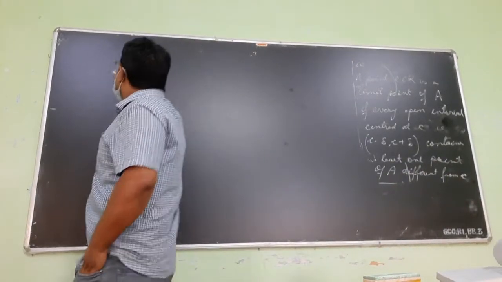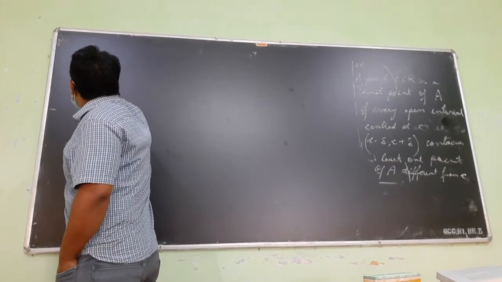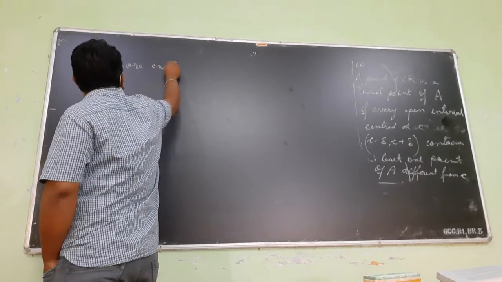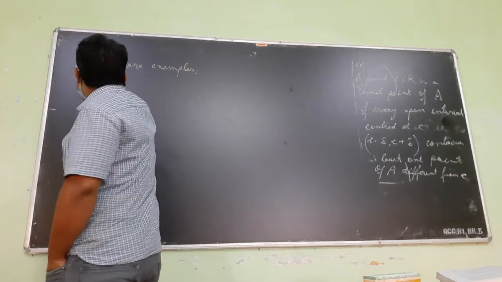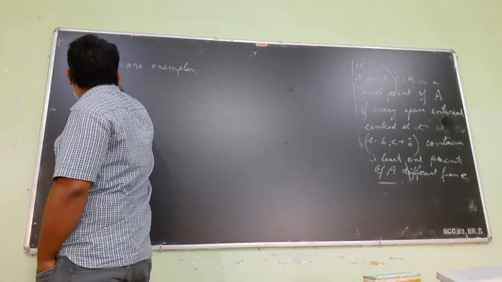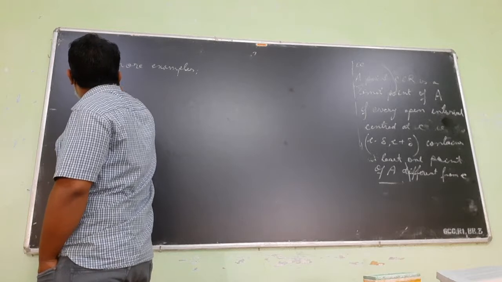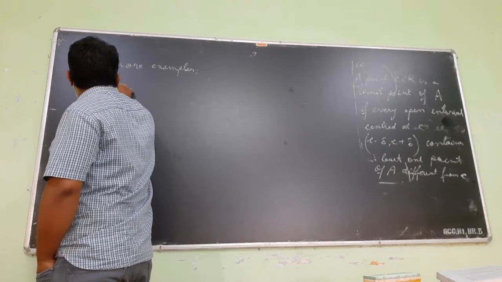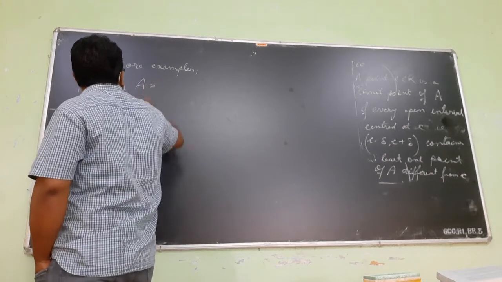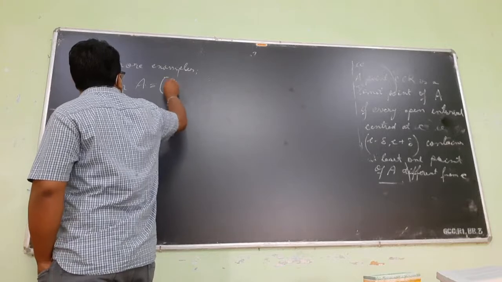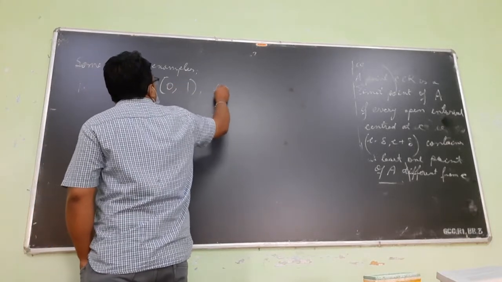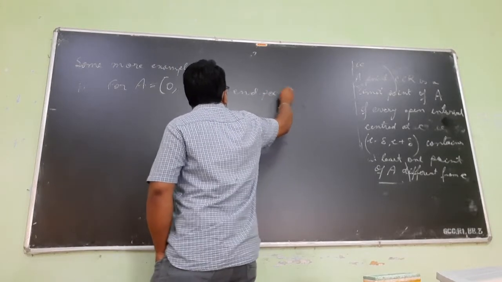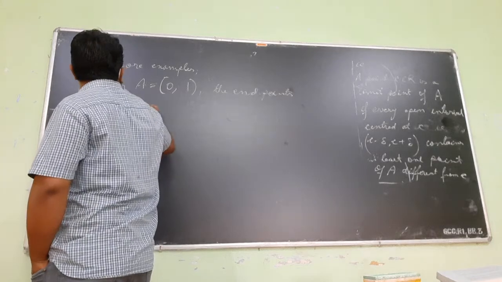So some other examples. One, say, for A equal to the closed interval or open interval 0, 1. The endpoints 0 and 1 are limit points.